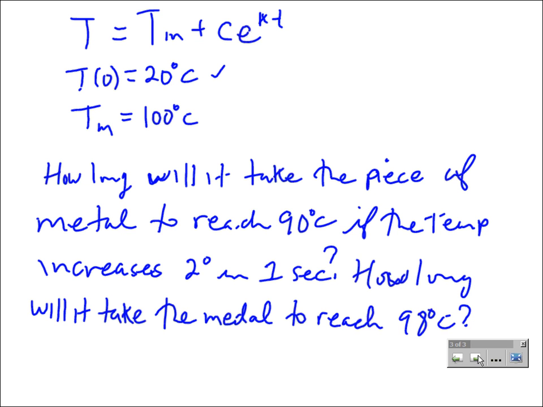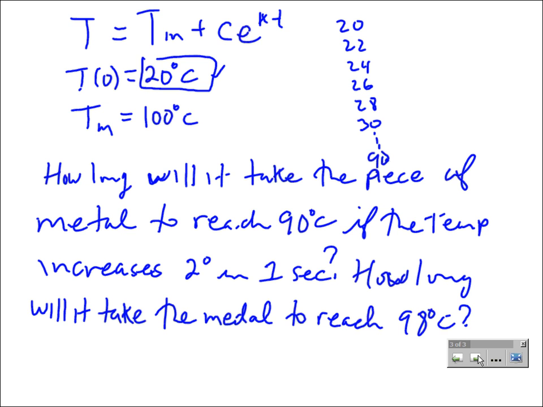Okay, so let's look at the first question. How long will it take the piece of metal to reach 90 degrees if it increases 2 degrees every second? Well, it starts off at 20, so it's going to go 20, and 22, and 24, and 26, and 28, and 30. Eventually, it's going to hit the number 90. And what you want to know is how long does that take?